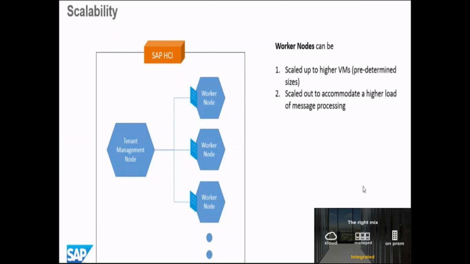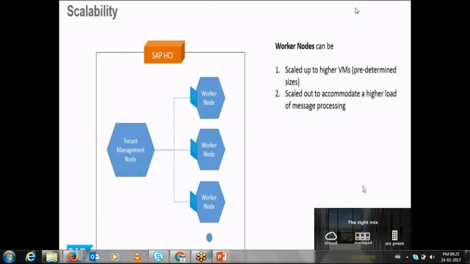Okay, at any point of time we can scale your tenant. But this depends: if you have gone for a premium solution where you have the highest number of cores and highest processing power, you have opted for that package, then only SAP will attach.